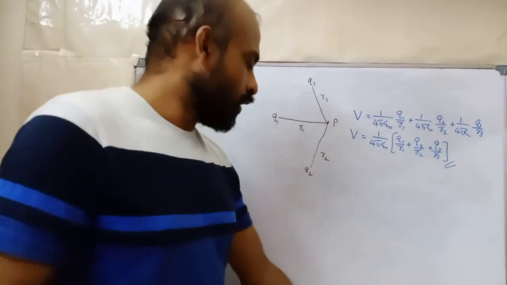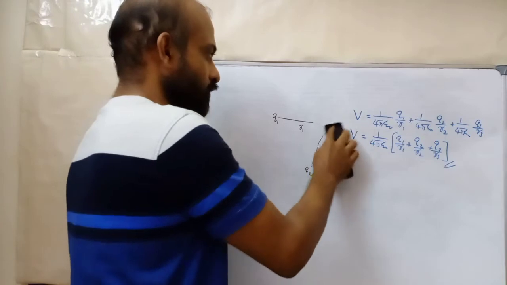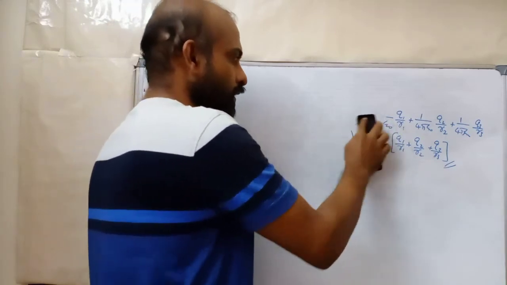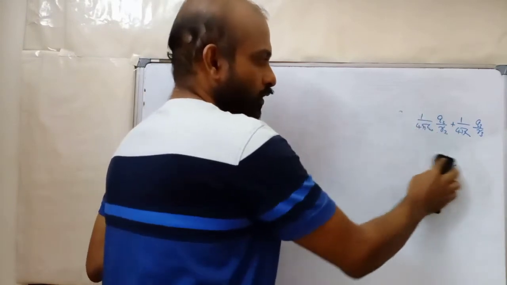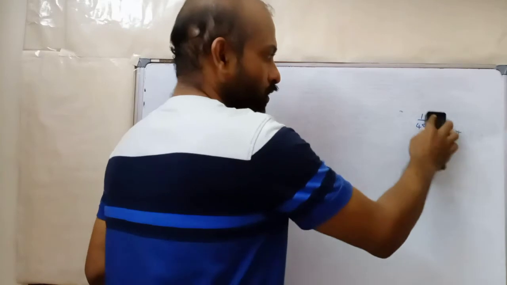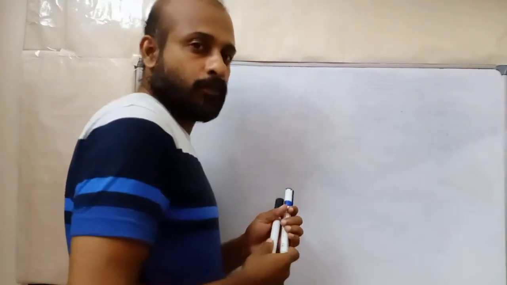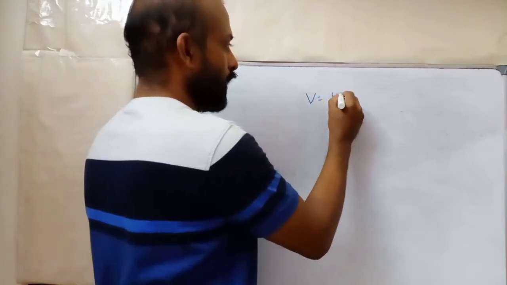Now we have one more topic, potential energy of a system of charges. We will see what potential energy is. How can you relate potential and potential energy? We have two concepts here: potential and potential energy. We have learned that potential difference or potential V is equal to work by charge.